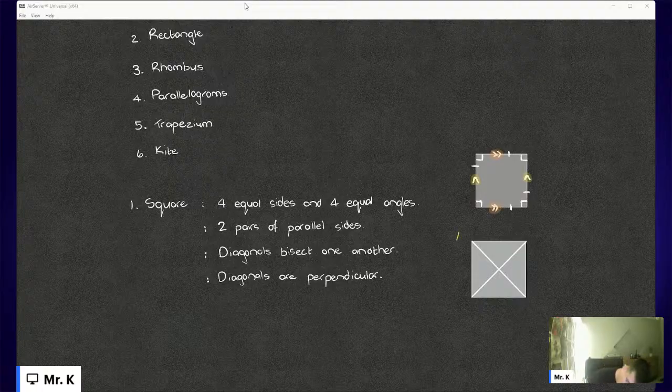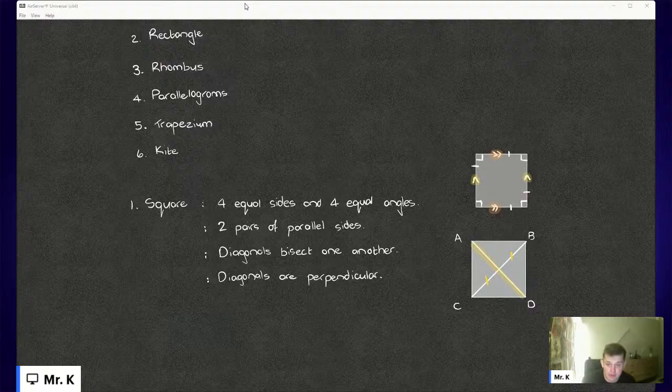if I have four corners on this shape over here, A, B, C, and D, my diagonal AD, the yellow line over here, cuts the other line into two equal pieces, not into a 60-40 ratio, into a 50-50 ratio.